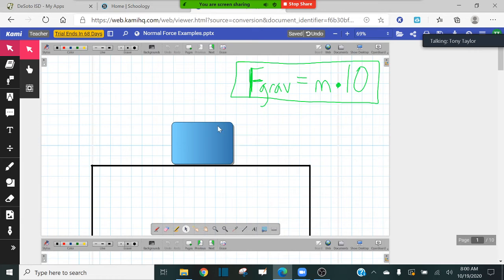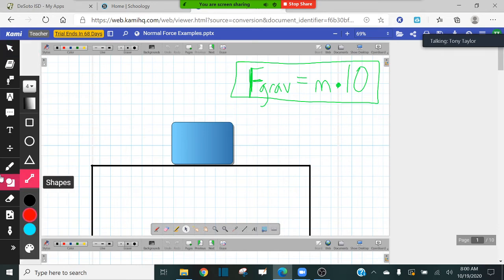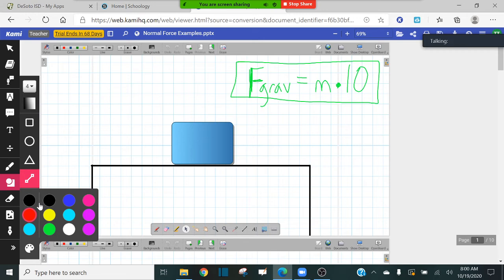Okay. So now with that said, guys, look at what I have here on the screen. I have a blue box, and this blue box is sitting on this table. As the blue box is sitting on the table, obviously there are two forces acting on it. Oh, by the way, guys, I forgot to write this down. Let us assume this blue box has a mass of 3 kilograms.